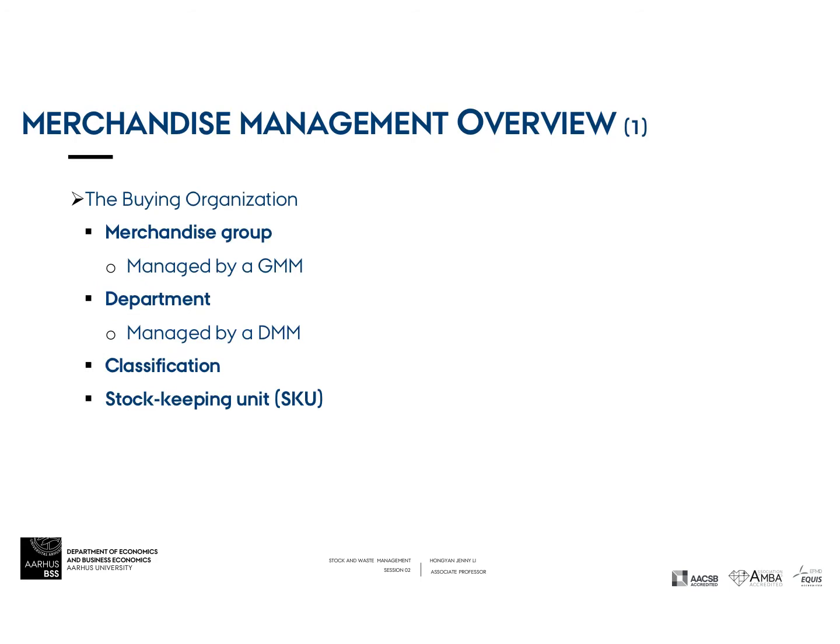So now let's have an overview of merchandise management. First, the buying organization, including, of course, the GMM and the DMM we mentioned. We will talk more in this lecture about the classification, which may relate to assortment planning. And then the main focus in this course may be the SKUs, the smallest unit of stock management.